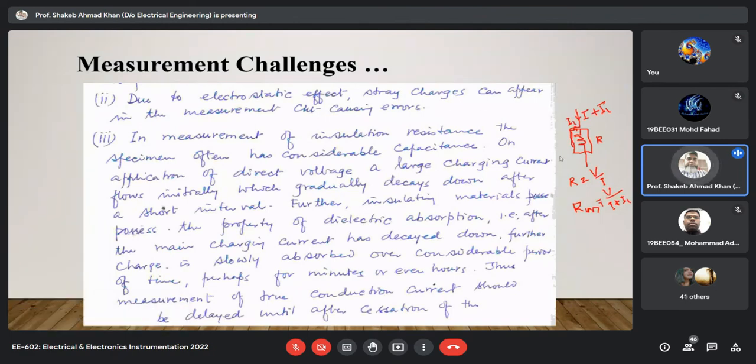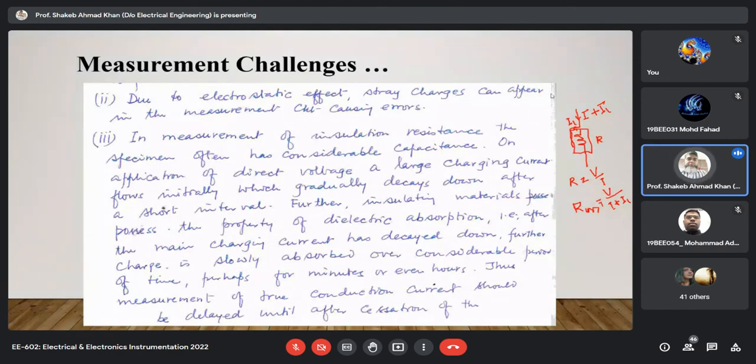And then there is the problem of dielectric absorption current. Because this is becoming a capacitance, when you connect to the voltage source, initially a huge amount of charging current will flow, but this charging current will die down, depending upon the time constant of the circuit, decaying to a very small value after some time.